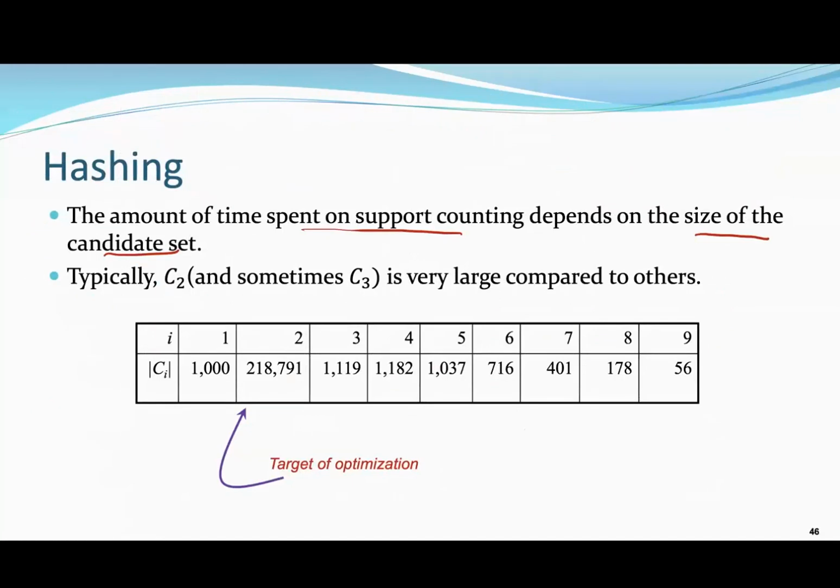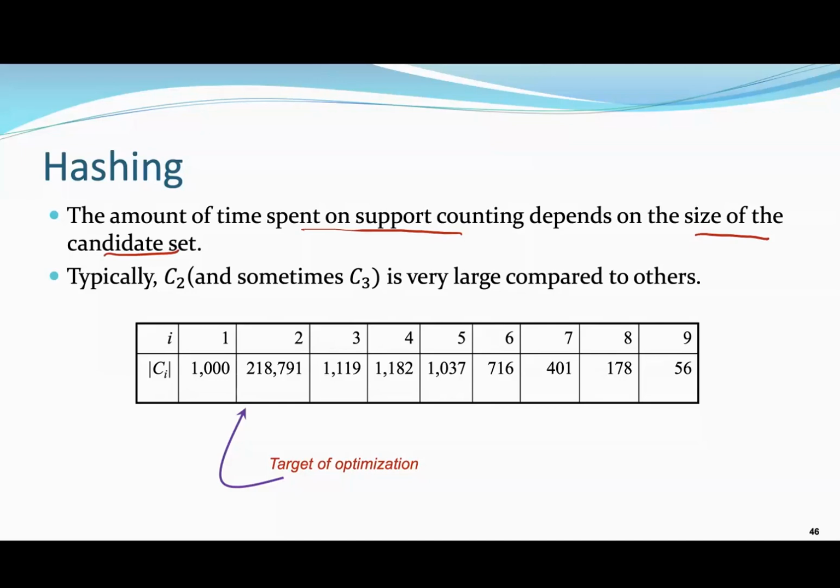Here is an experiment that we did. We take some supermarket data sets. The first row here illustrates i, which is the item set size, and the second row refers to the size of the candidate sets. So how many candidate item sets do we need to count across the different iterations of the algorithm?